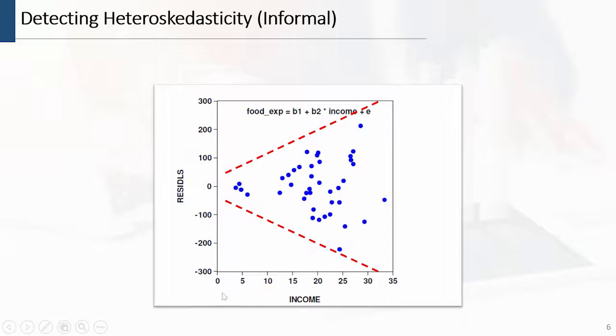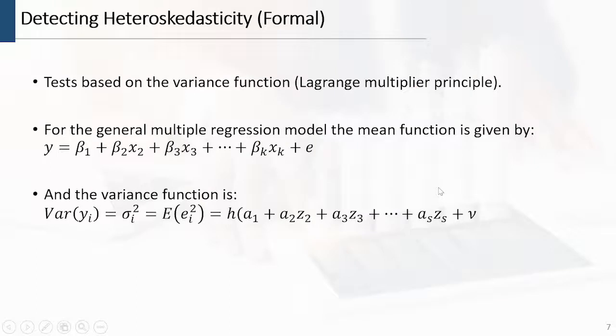In the situation in this graph, while it appears that the mean of the residual is more or less around zero, the amplitude of the fluctuation of the residual tends to be bigger when the income is changing. So it's very likely that the error term actually depends on the independent variable income. In this case, it's surely an indication that you don't have constant variance and you have the problem of heteroscedasticity.